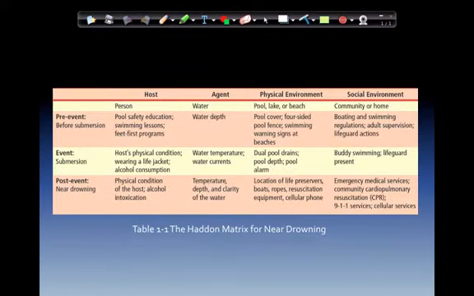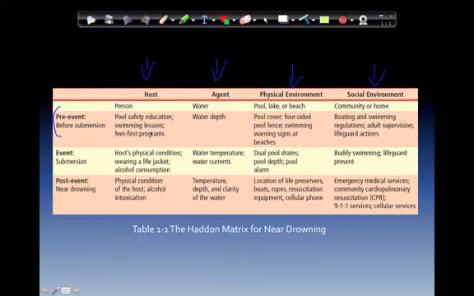This is the Haddon matrix for near drowning. Here we have the host, the agent, the physical environment, and the social environment. So this is to look at the overall, like a risk assessment. This would be the pre-event.